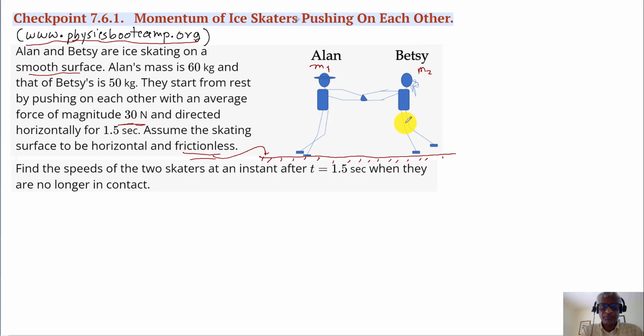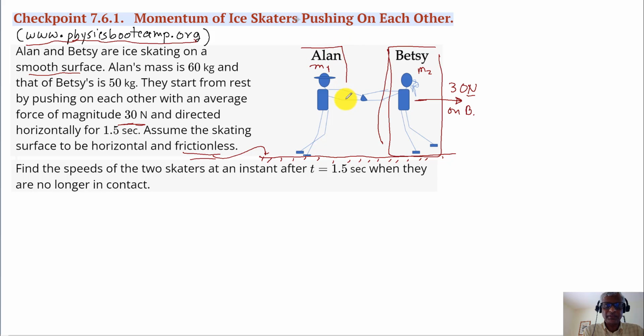So if you look at just Betsy, then she has a horizontal force of 30 Newton that way on Betsy. And if you look at just Alan, then you have a 30 Newton force on Alan. That's what it means.